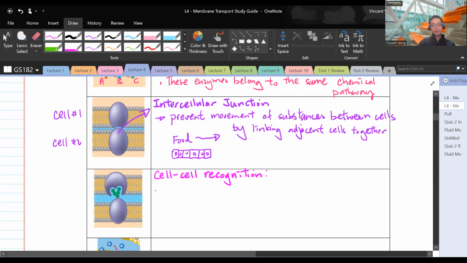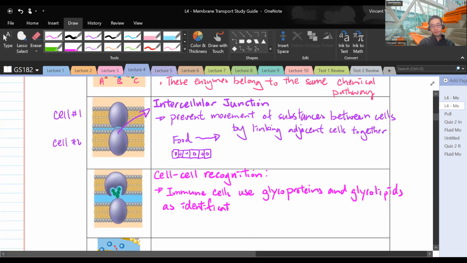In cell-cell recognition, for the most part, immune cells use glycoproteins and glycolipids as identification tags to distinguish self versus non-self.